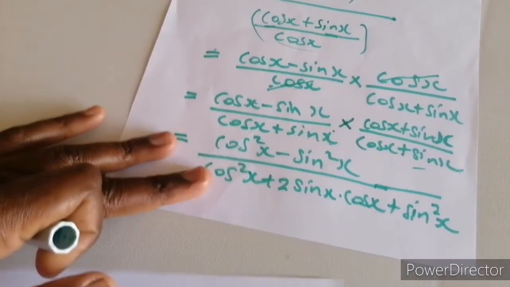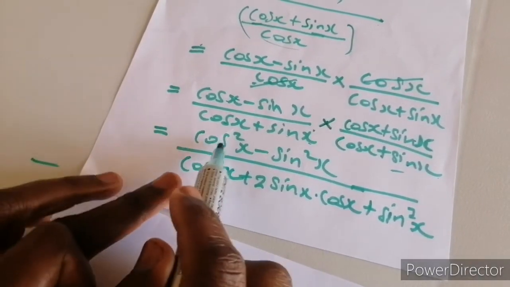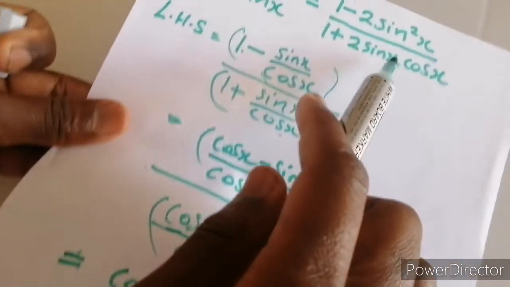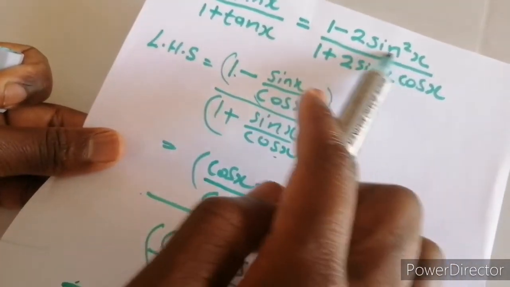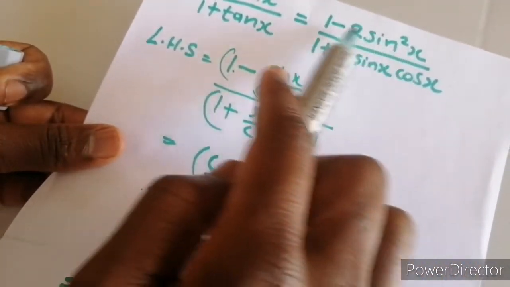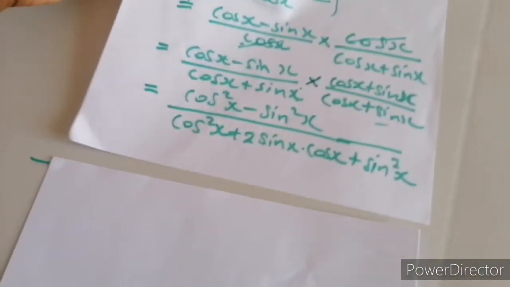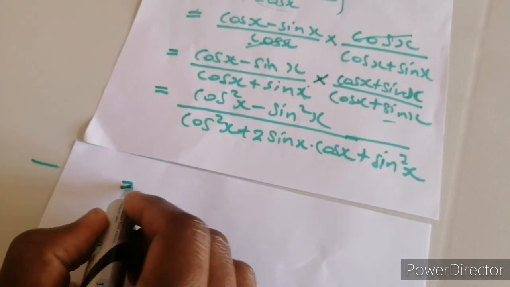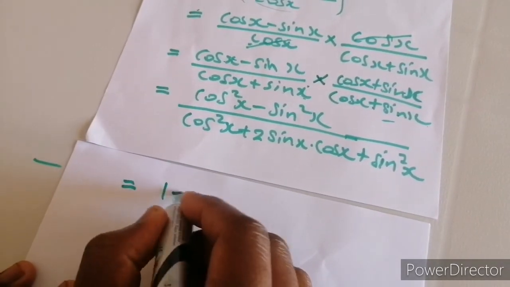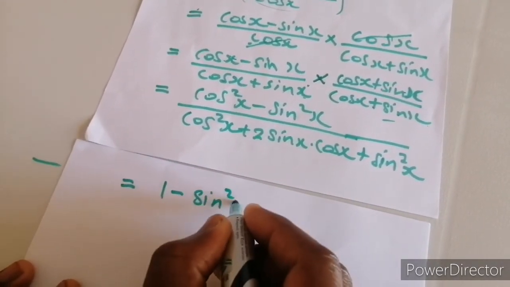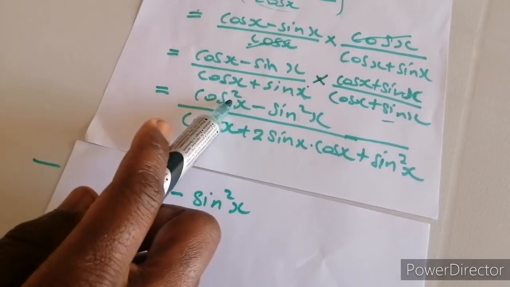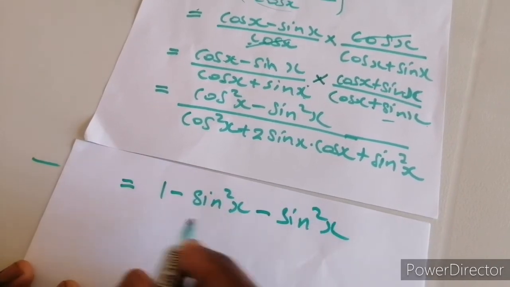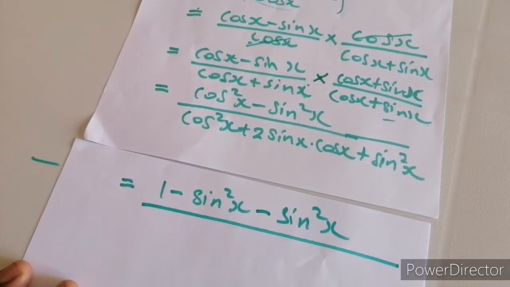Now let's continue. But now we have cos squared x, sine squared x. But what we want to satisfy, numerator does not consist of cos squared x. Now we're going to change cos squared x using square identities. Equal to 1 minus sine squared x is cos squared x minus sine squared x, all divided by.